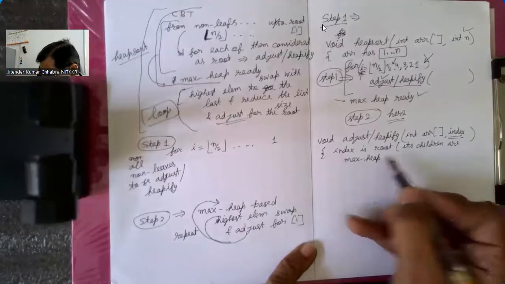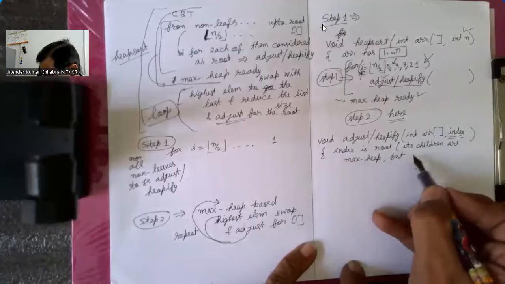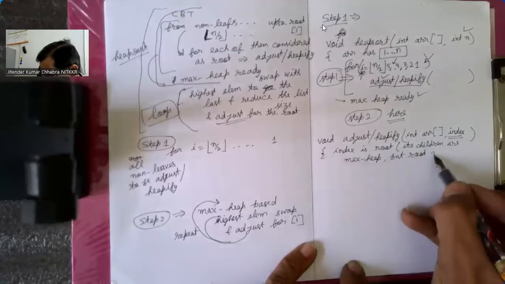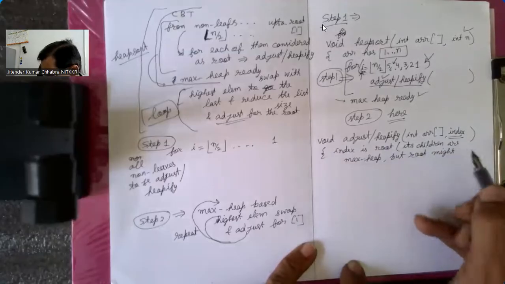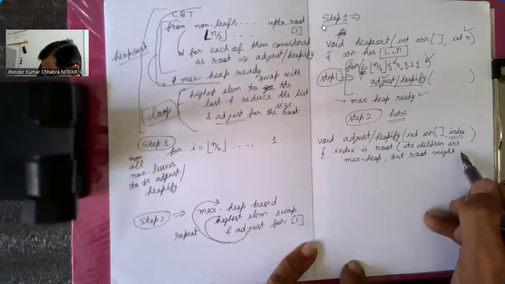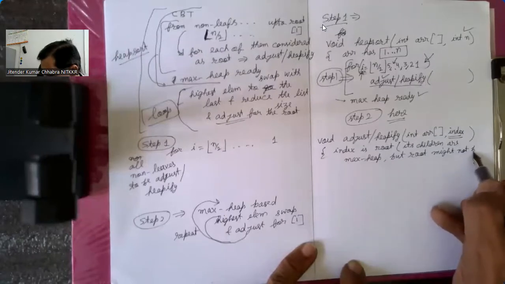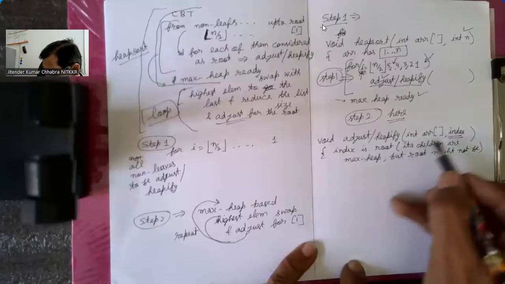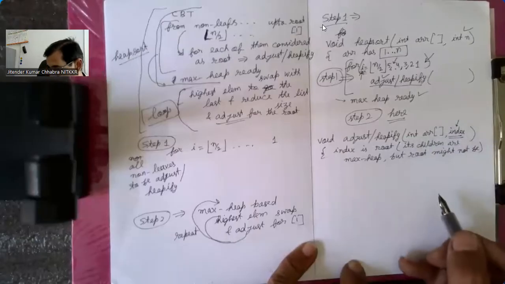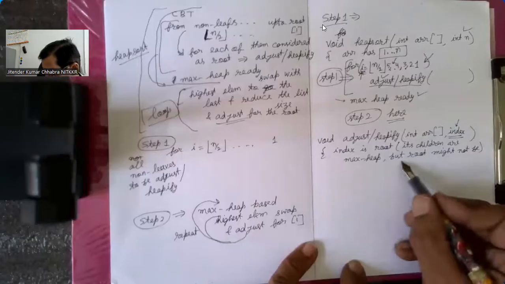So children are already max heap, but the root might not be. Its children are always leaves initially, and they are guaranteed to satisfy it. So from whichever index I start, I will be using this property.